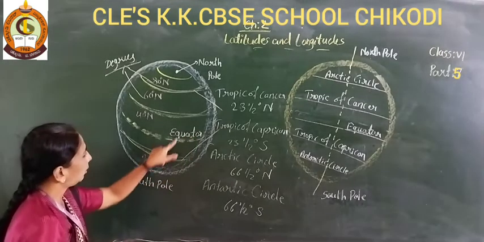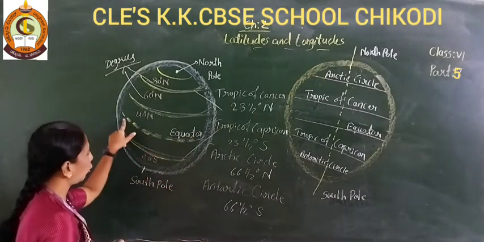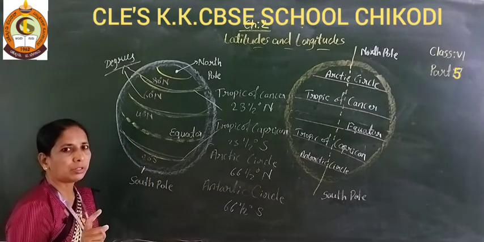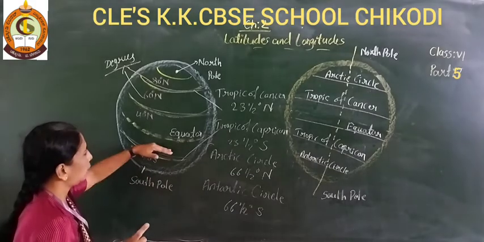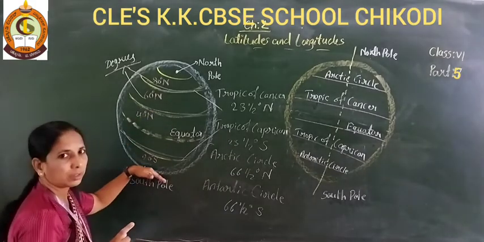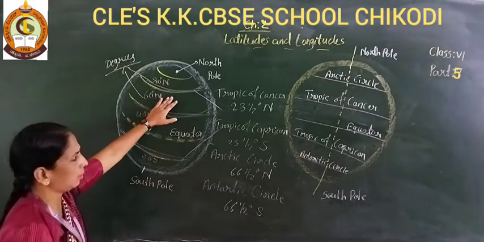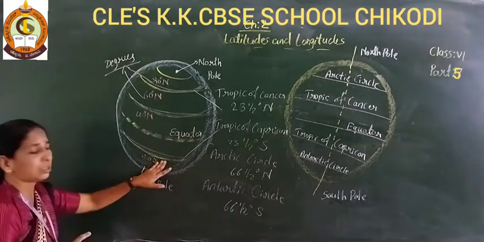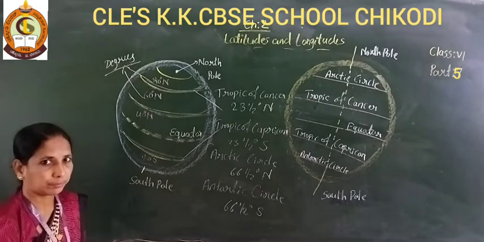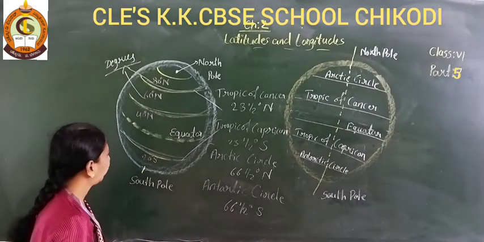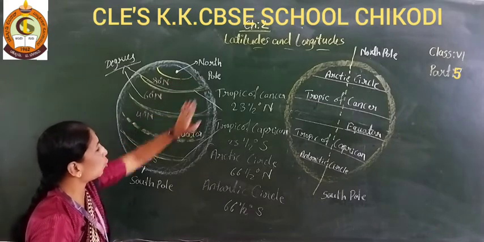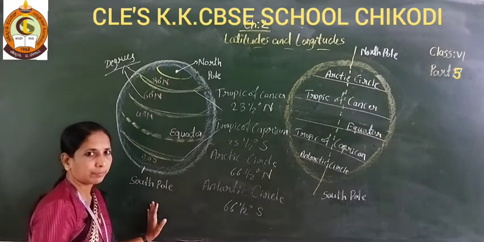The equator is the longest latitude, and it divides the earth into two halves: the northern hemisphere, and below the equator, the southern hemisphere. They indicate the north pole and south pole here.